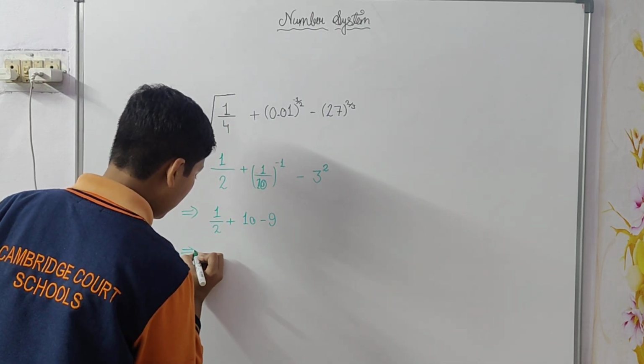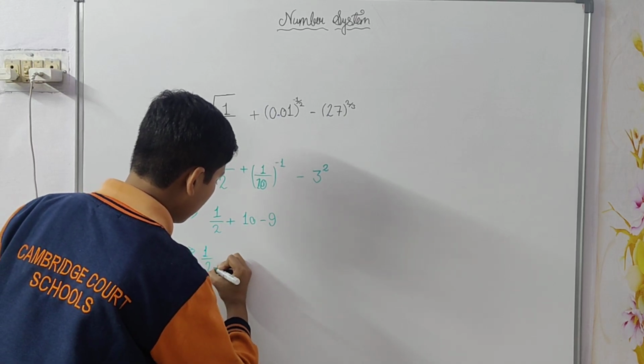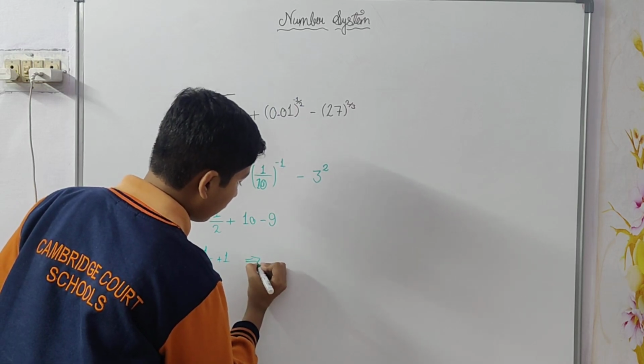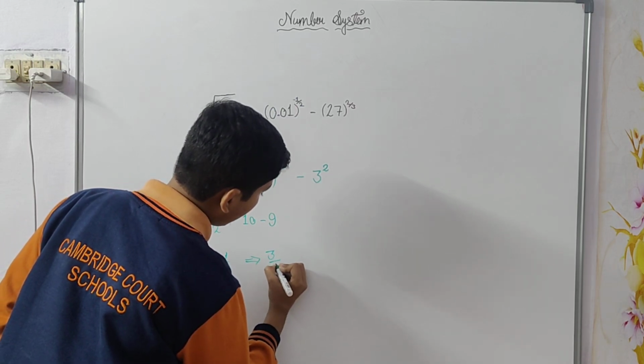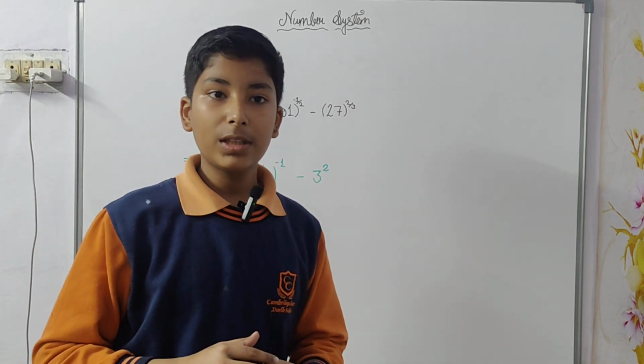So it will be 1 by 2 plus 1, which is 3 by 2. So our answer of this question will be 3 by 2.